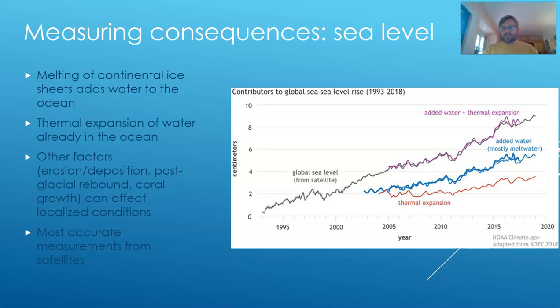There can be erosion or deposition going on at that location. For example, we're losing a huge amount of land in the Mississippi Delta. The ocean is really encroaching on that. Some of that is due to sea level rise. Other parts of that are due to the fact that a variety of things that we've done to try to tame the Mississippi River have led to a big reduction in the deposition of sediment at the mouth of that river.